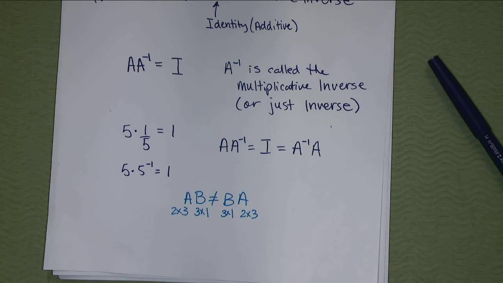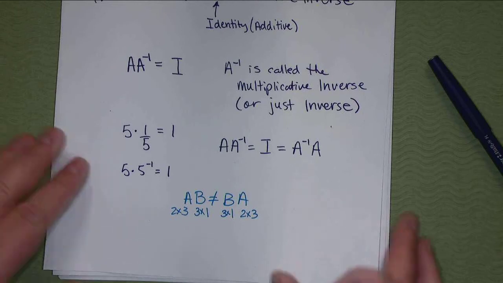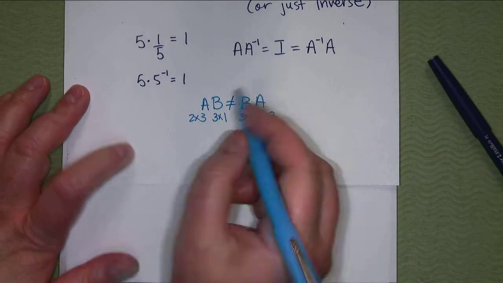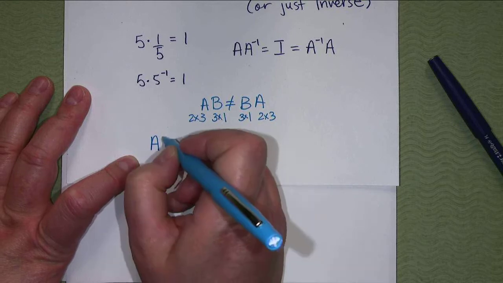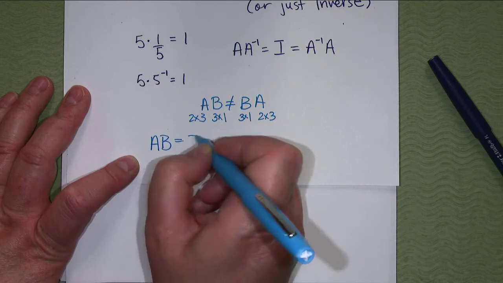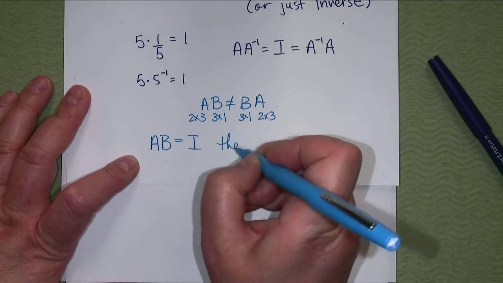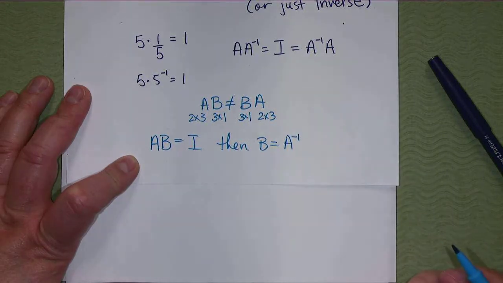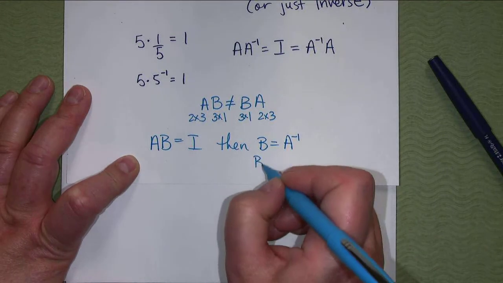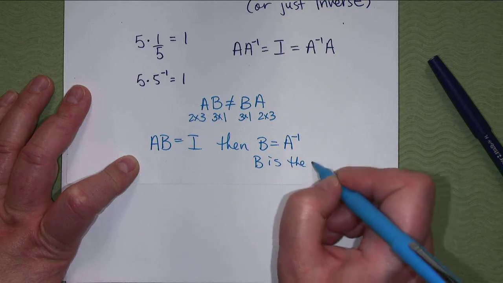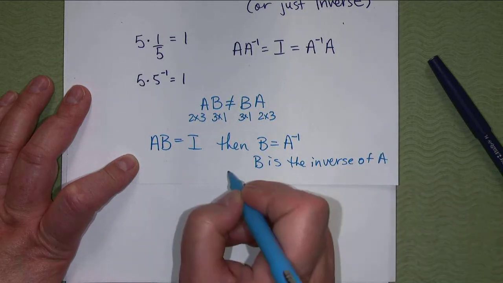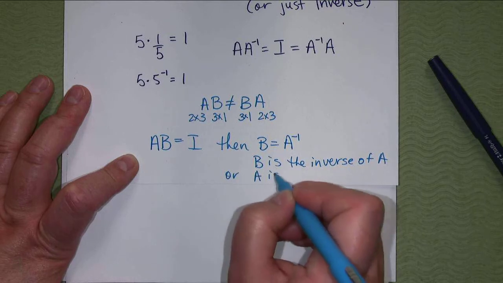So if we have two matrices that when you multiply them both ways you get I, so if you had A times B equals I, then you would say B is the inverse of A, or A is the inverse of B. They're inverses of each other.